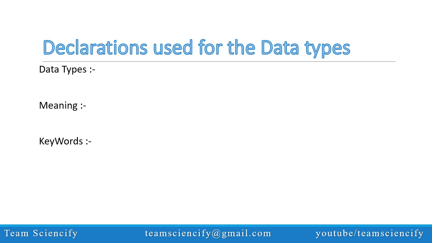At this point, it is necessary to have a little idea about the declaration used for the data types. First data type is integers, meaning 4, 28, 20,000, etc. The necessary keywords used for the integer data type are int, short and long.